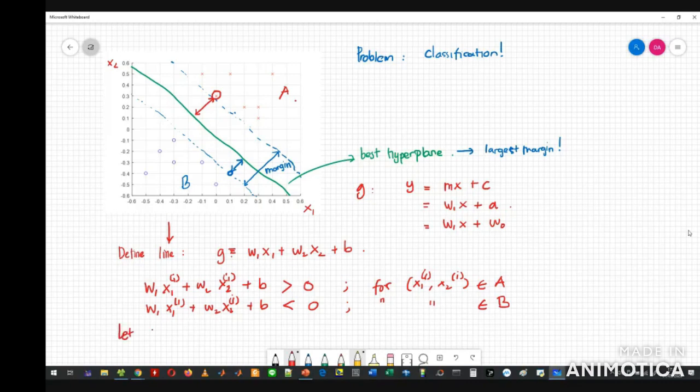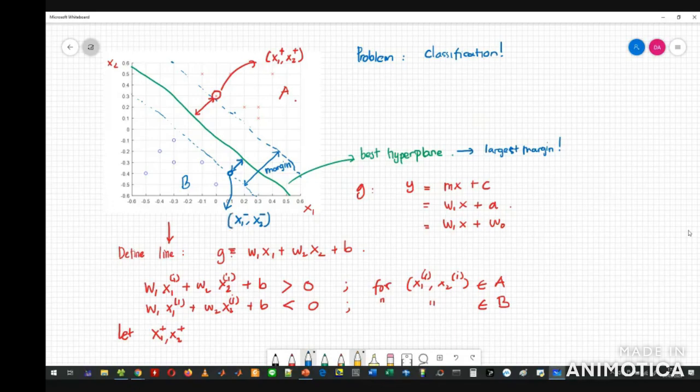Now let the coordinate of this one be x1, x2 plus, and the blue one here be x1, x2 minus.